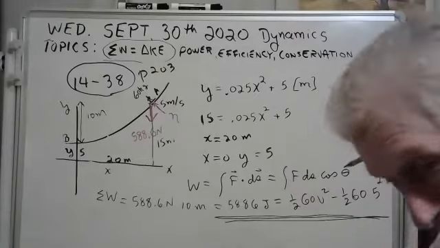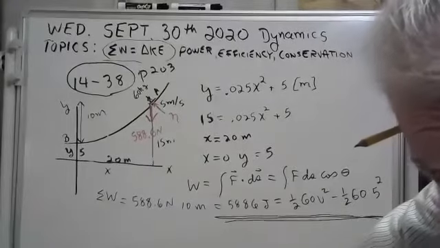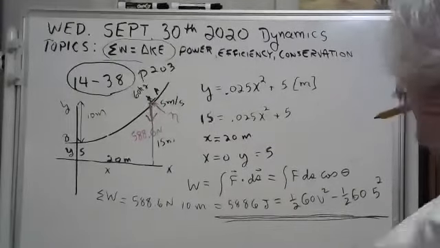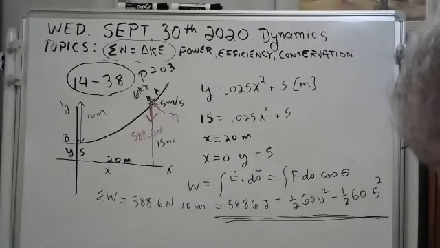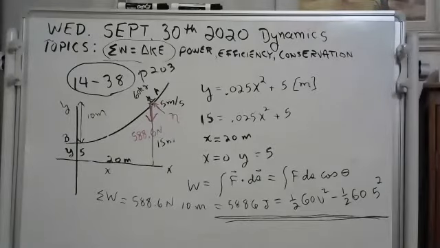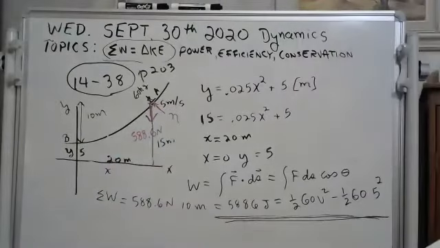Well, let me call on somebody here. Let's see. We've got Shane. Shane, unmute and say hello, please. Hey. Shane, have you solved this and gotten the velocity when it gets to right here at point B?